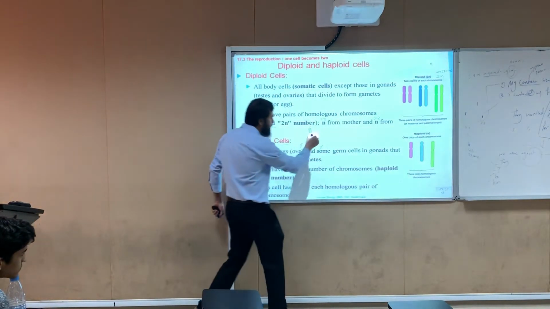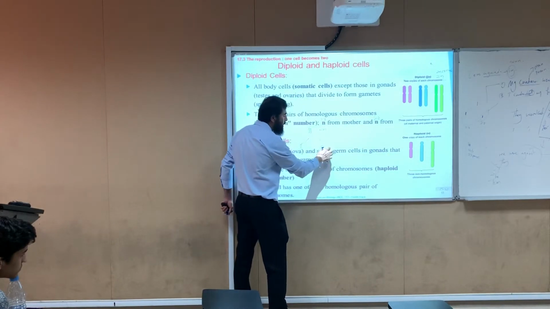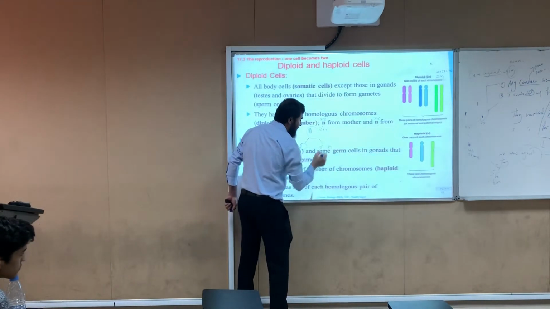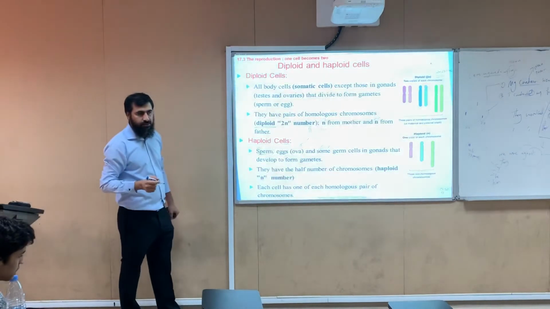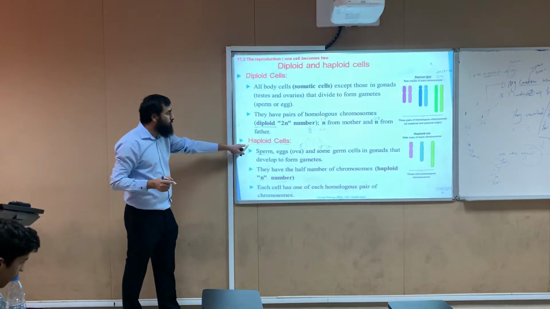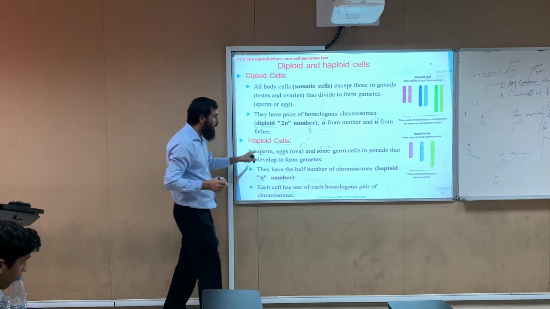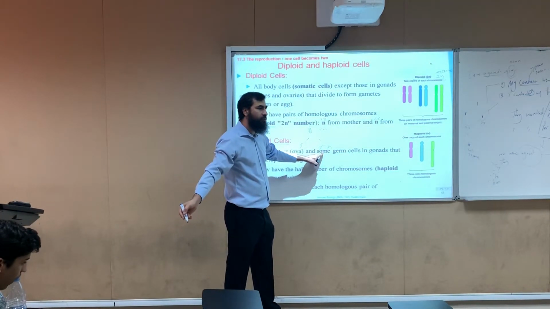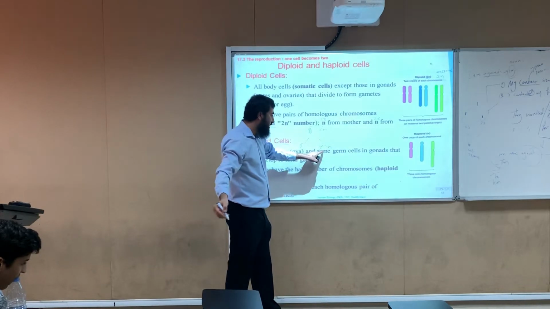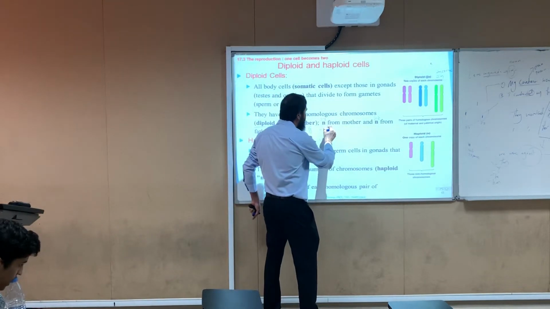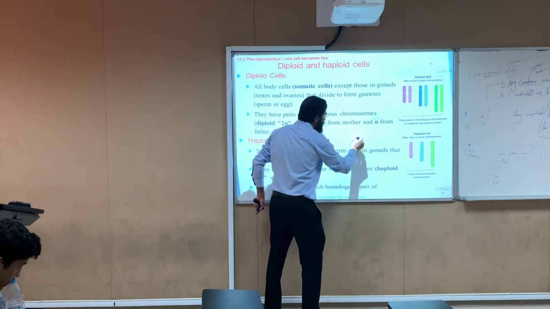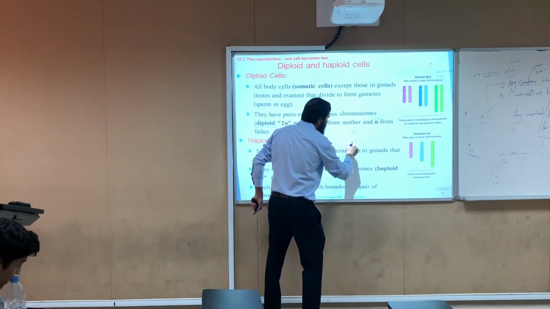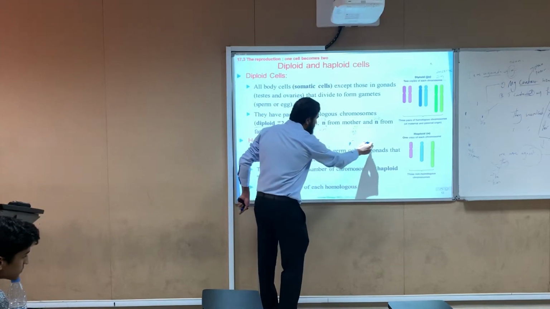So you started with 2N and now you end up with 1N. That's why we have haploid. Later on, when humans reproduce by sexual reproduction, this is from the father, from the sperm, and this is from the mother, from the egg. The same thing happened there, one of the chromosomes, so this is N as well.